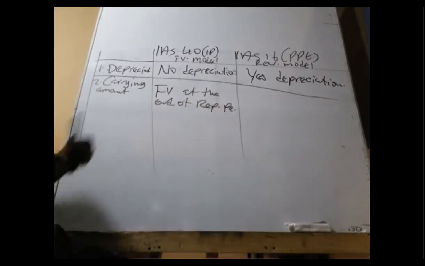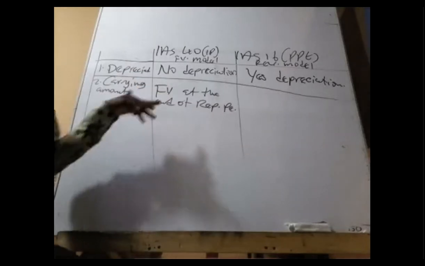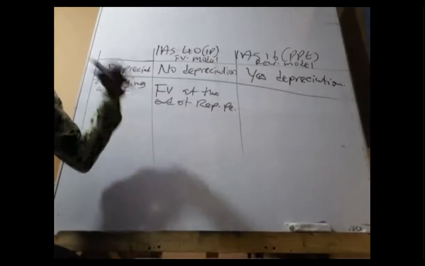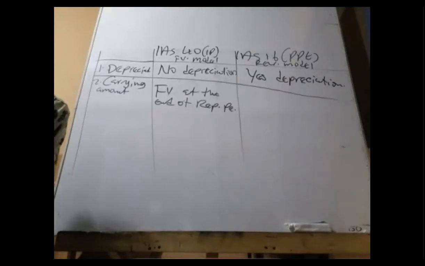So in IAS 40, the carrying amount of the property is nothing but the fair value at the end of the period. Great. Fair value at the end of the period.